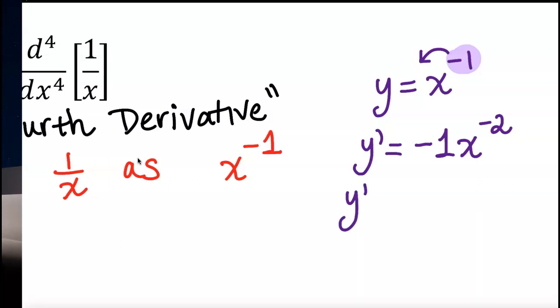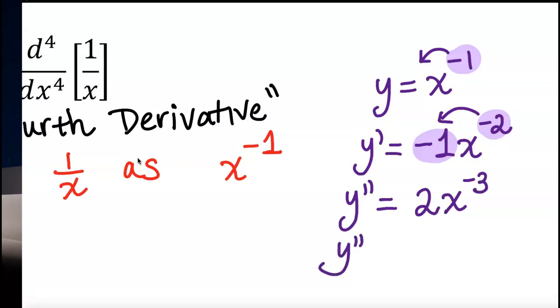Let's do the second derivative. So we bring down this negative 2 and multiply it by negative 1. Negative times negative gives us positive 2. And the new exponent is 1 less than negative 2, which is negative 3. Let's keep going. Let's do the third derivative.